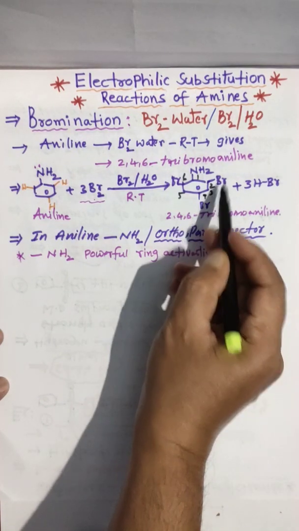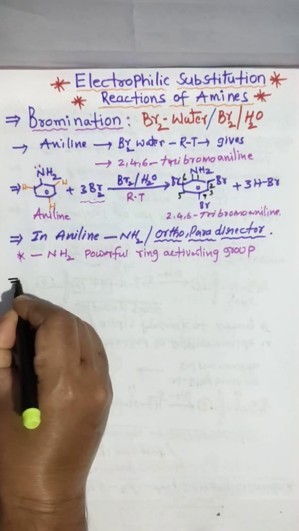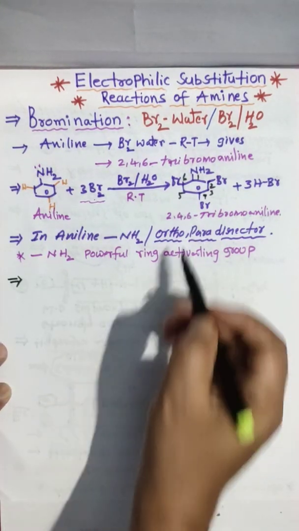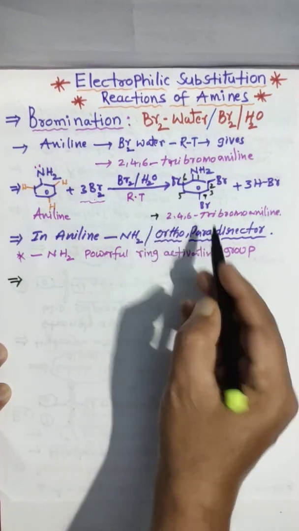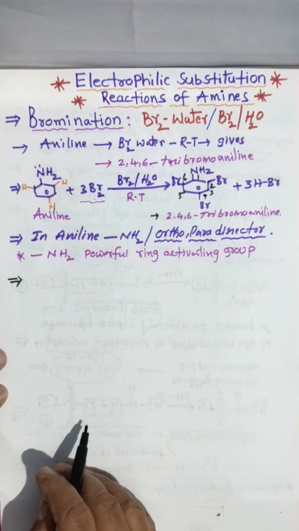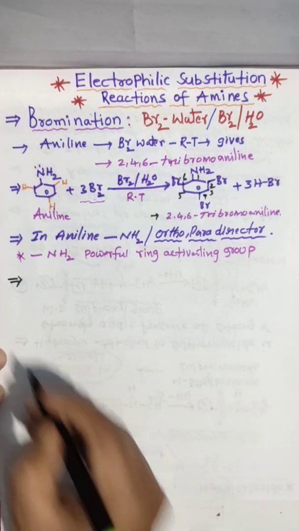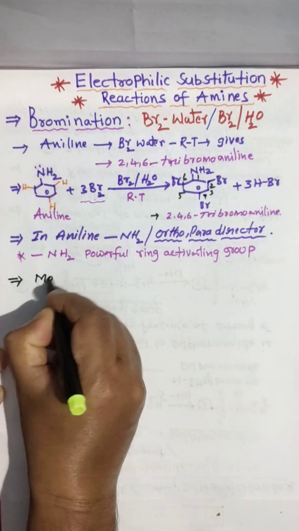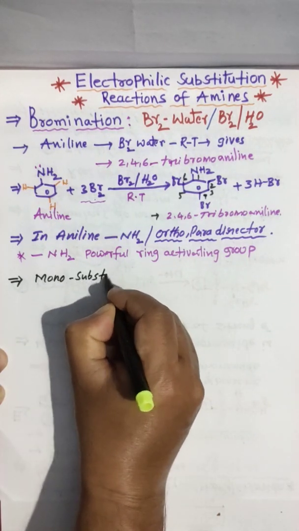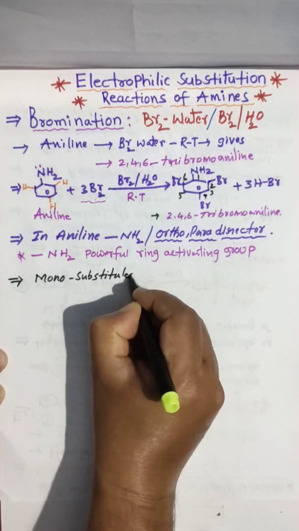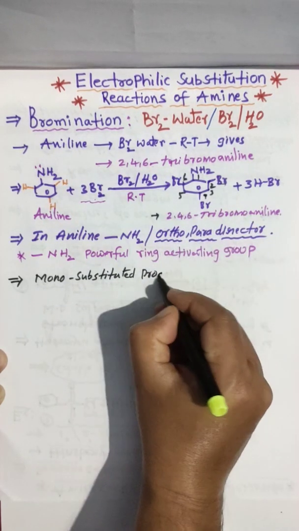So see here, 3 substitutions are there. If you want the mono substituted product, only one bromine you need. That is the mono substituted product. This is tri-substituted.